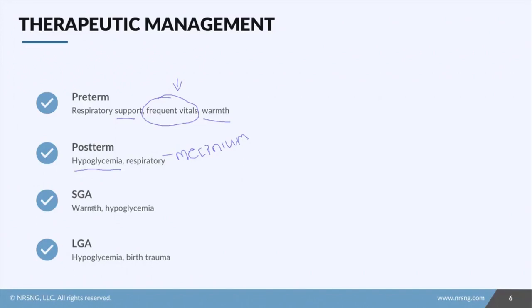Our SGA, these babies are going to need to be kept warm because they're small, and also monitor blood sugars for hypoglycemia. Our LGA infant will also have blood sugars checked and watched for hypoglycemia and then treated, of course, if they have it. And then birth injuries. If they have any birth trauma present, then we're going to check for that and care for it.